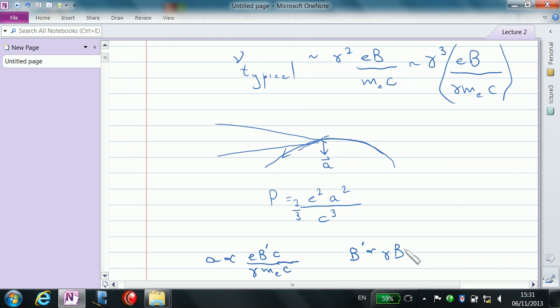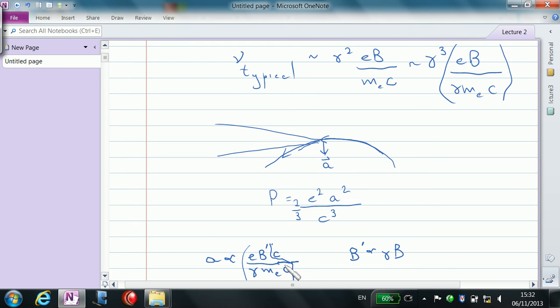See, you should not... eBc is the denominator. It's a v cross B. This is a frequency, and this is the velocity. Whereas the Lorentz force m dv over dt is v cross B. So v is c here, assuming it's a relativistic electron. That's the force.